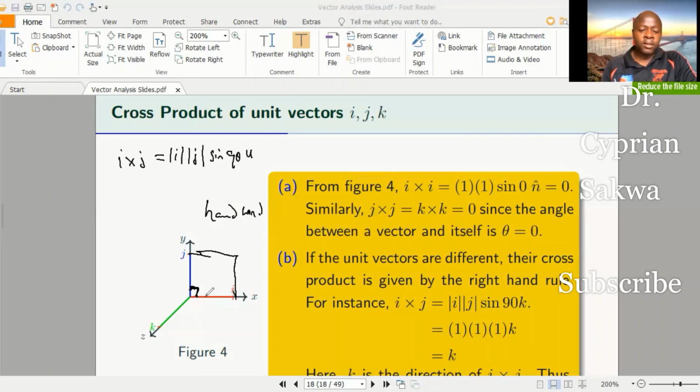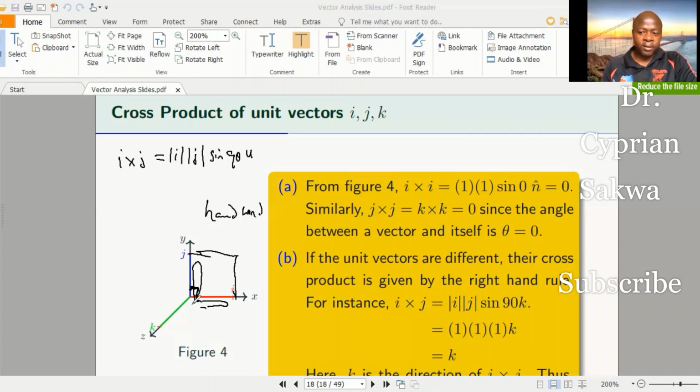So what we do here is that your thumb faces the direction of the first vector, which is i, because I'm looking at i times j. Your first finger faces the direction of the second vector, and then you fold the rest of the fingers.